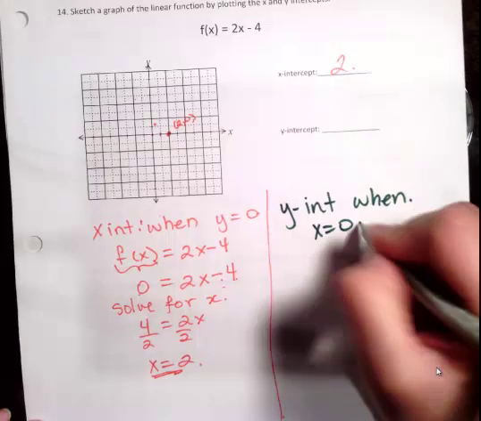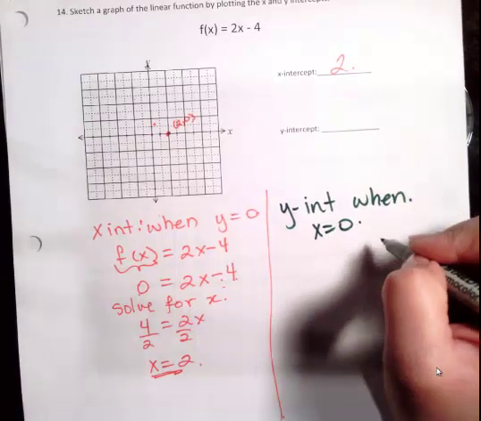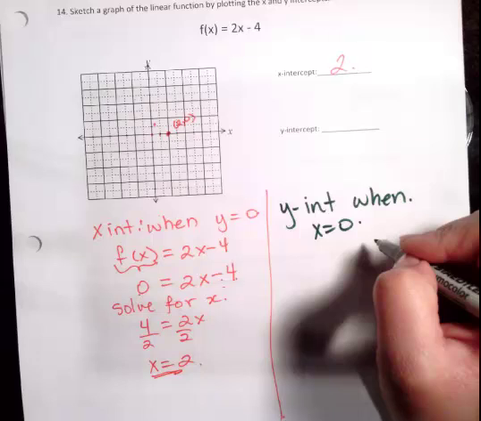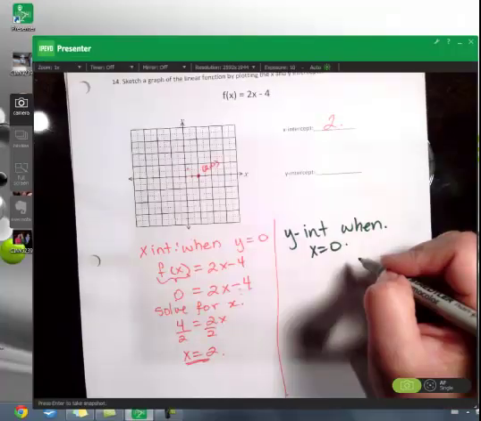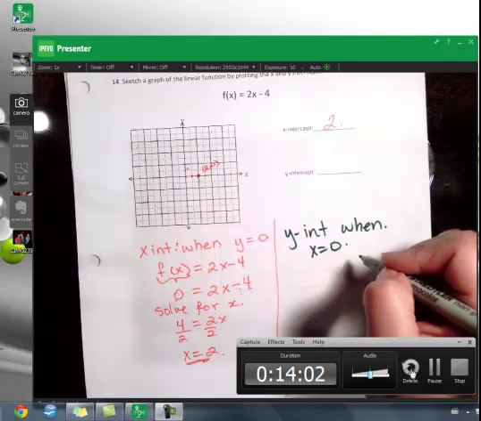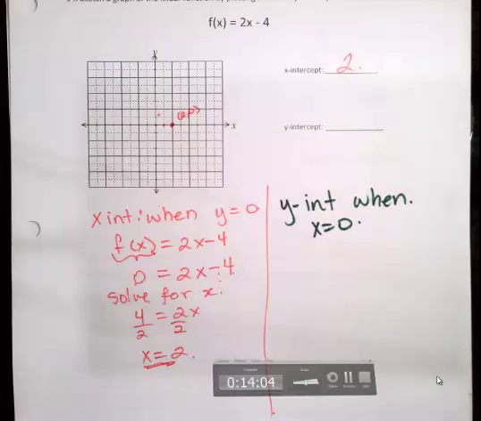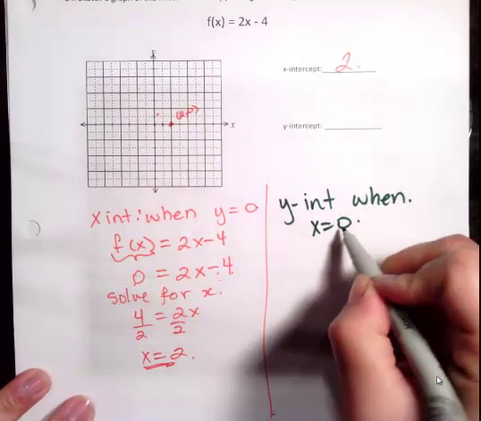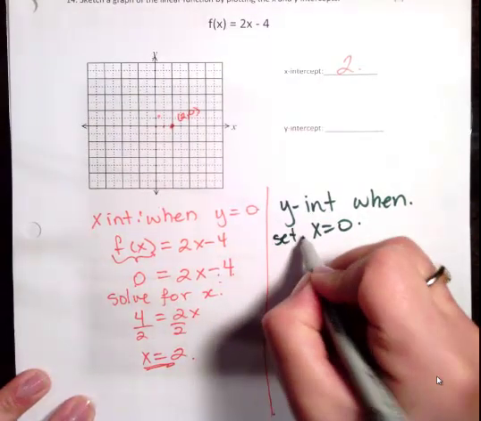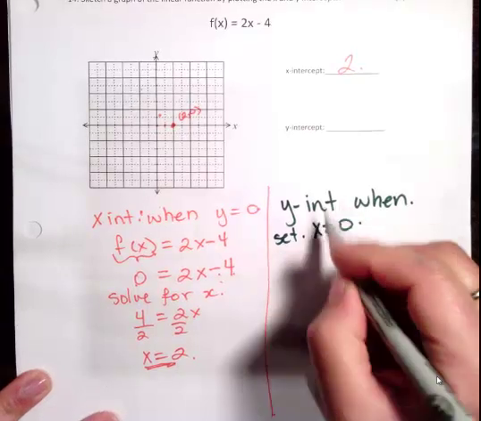X is equal to 0. Okay, so here for our y-intercept, what we want to do is we want to set x equal to 0 and then solve for the y.